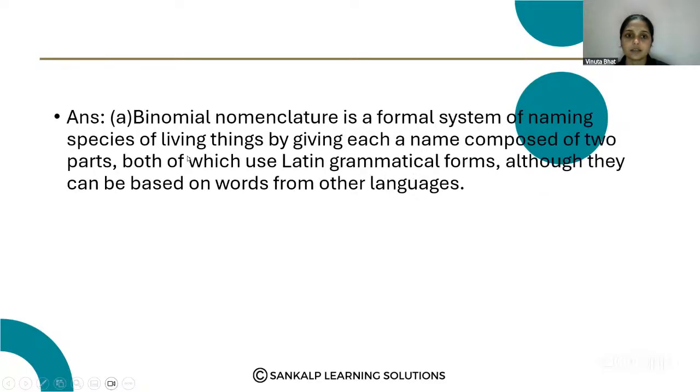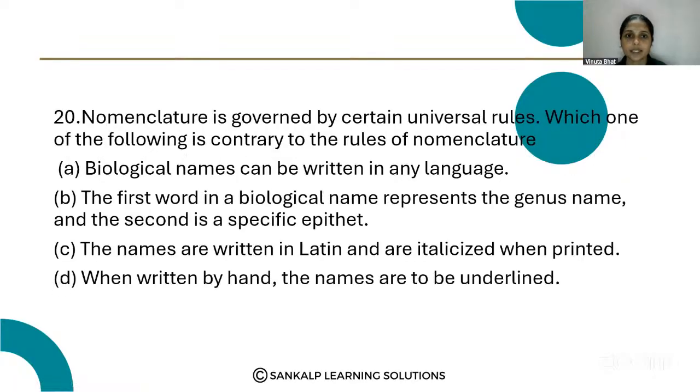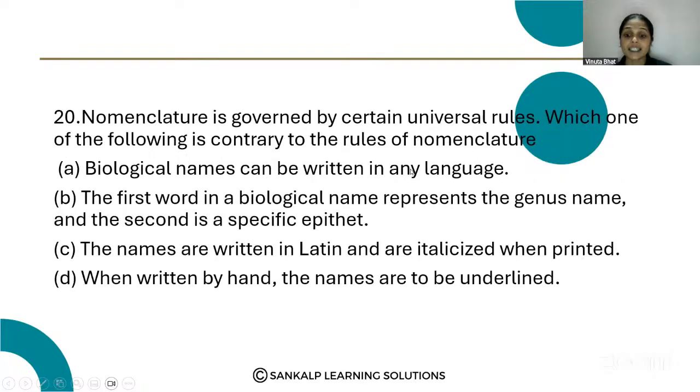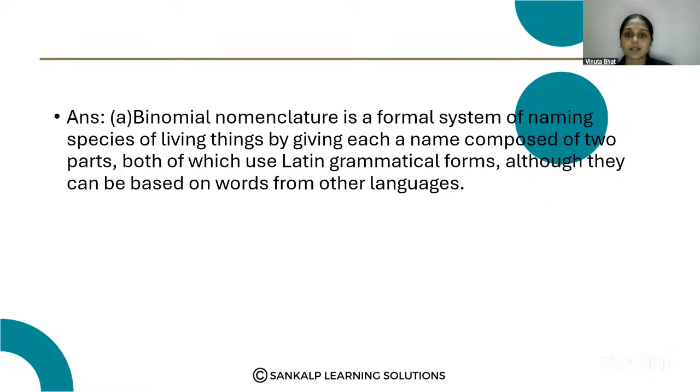Option A is the correct answer. Binomial nomenclature is a formal system of naming species of living organisms. The name is composed of two parts, in Latin grammatical forms, not in any language, although they can be based on words from other languages.